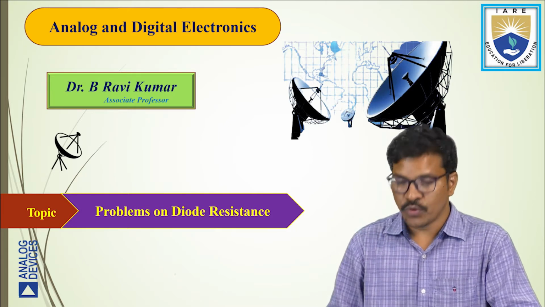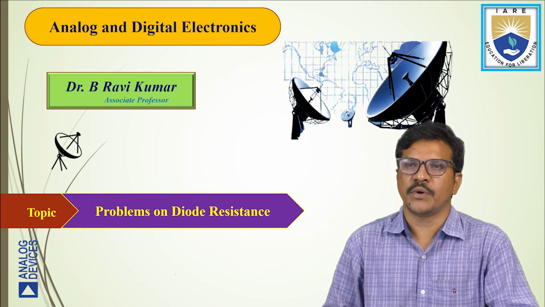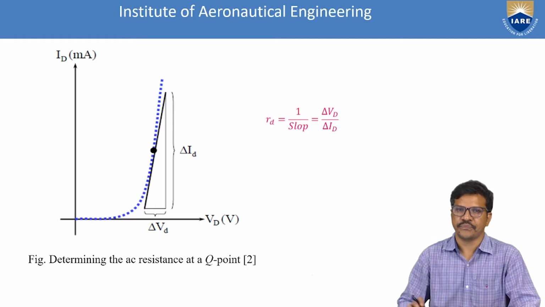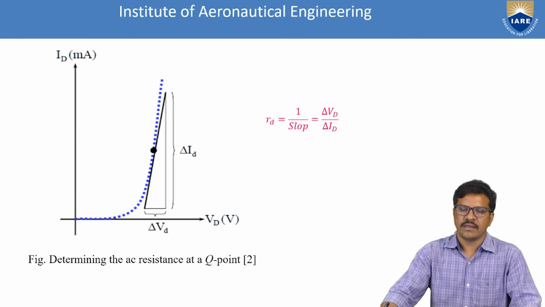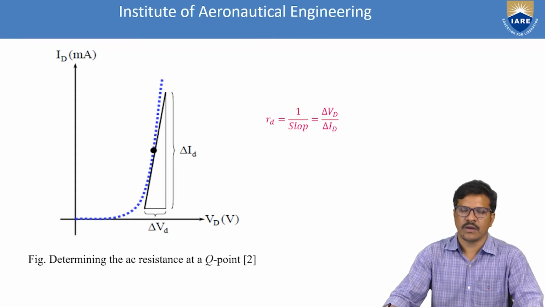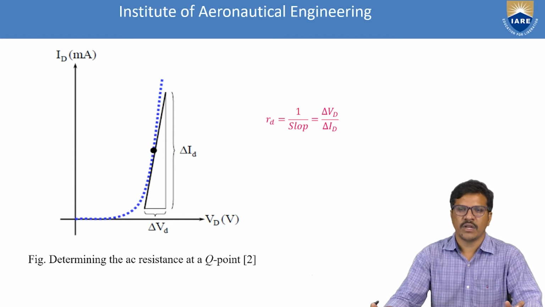Now we will move to the problems on diode resistance. We know that we start analog electronics with the concept of how to form a diode. Once we form the PN junction diode, we see the characteristics of the diode.